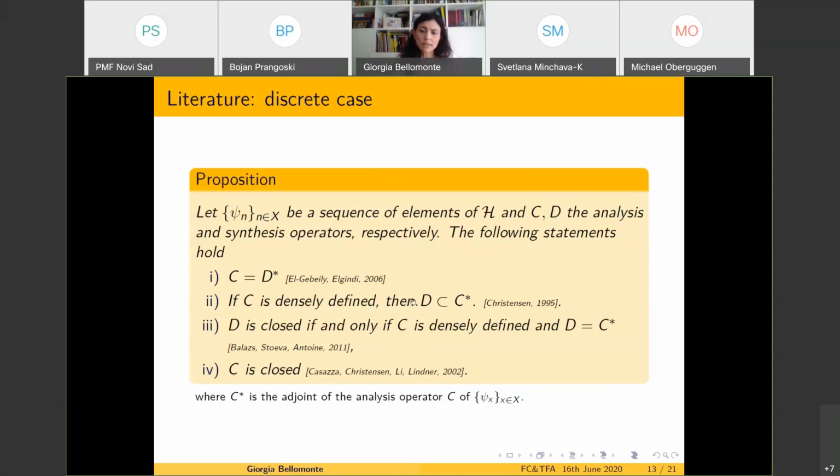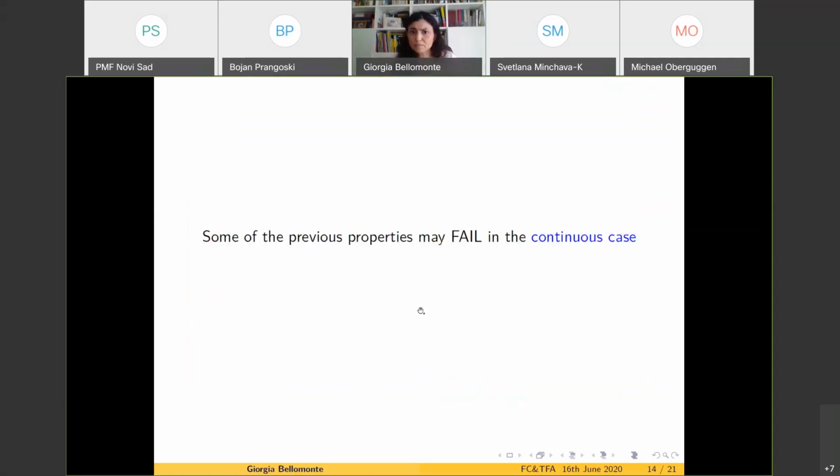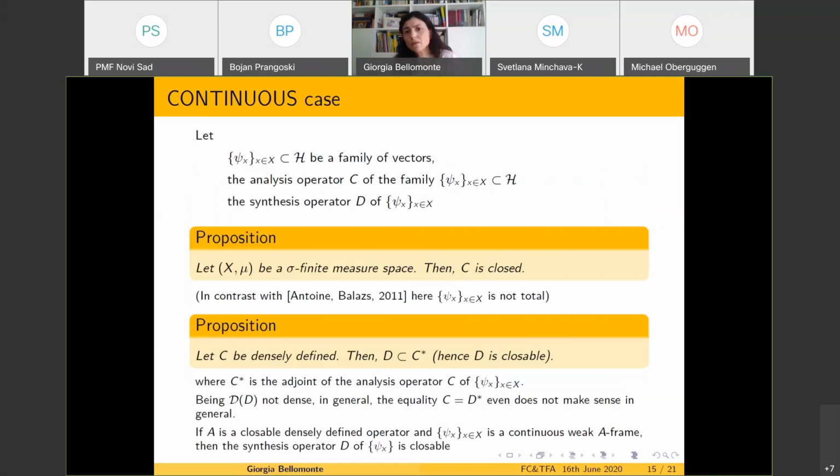However, not each of these properties holds true in the continuous case. We can, in general, recover at least two of them.